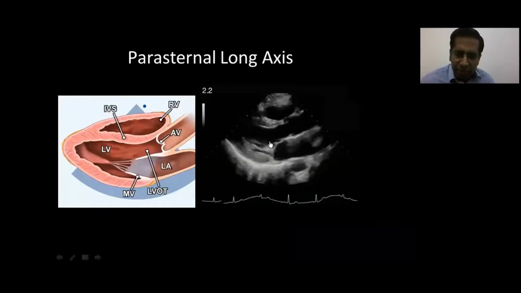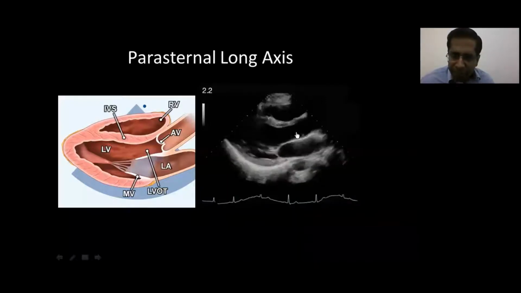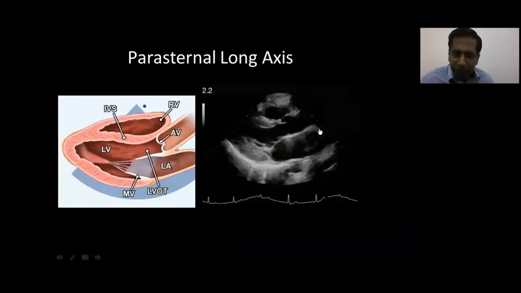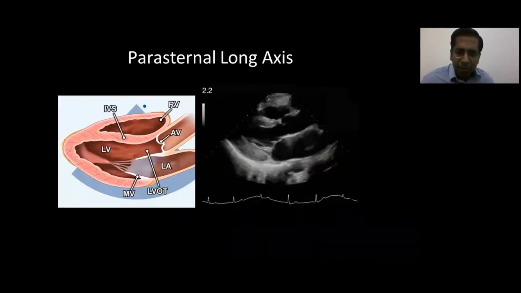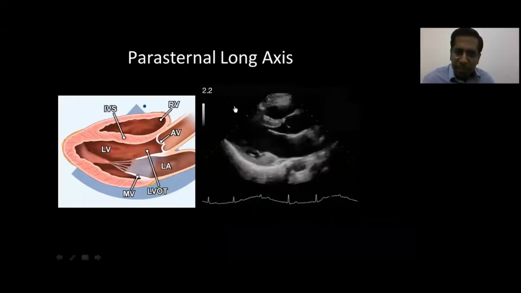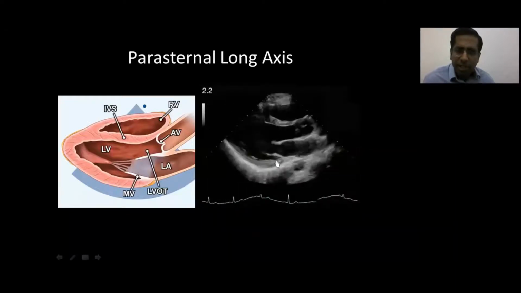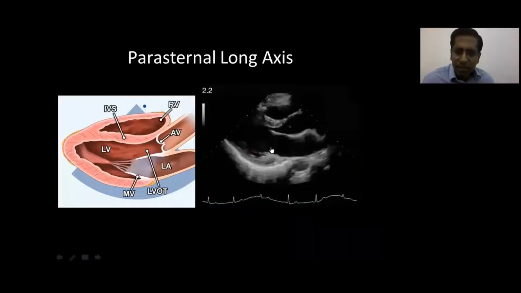That is an important thing to keep in mind. The second thing to note is that this is completely parallel, or horizontal. You can see that the LV and the aorta are horizontal. Whereas if the apex is pointing upwards and the heart is lying in this particular orientation, then that is not a great view.